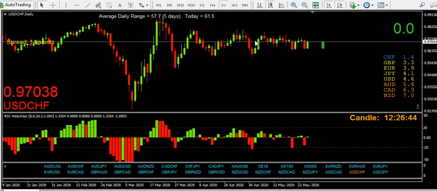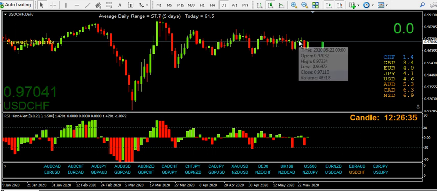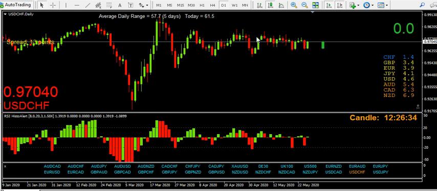And if they don't reverse, just find one and work out why it continued and how you could trade it profitably. So pure candlestick analysis has so much to offer.